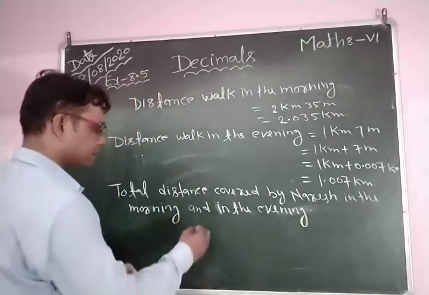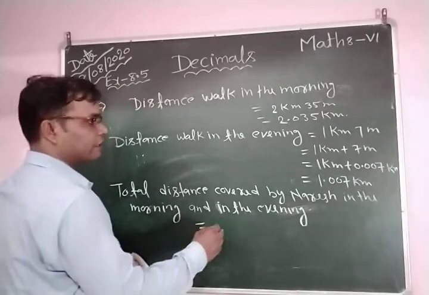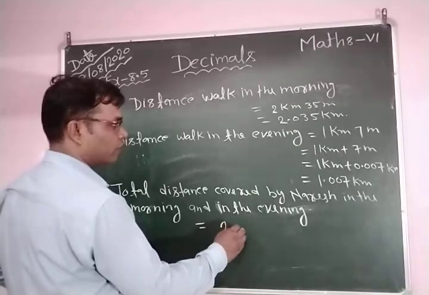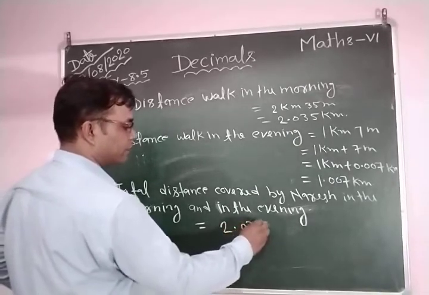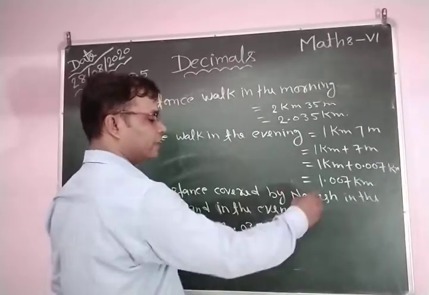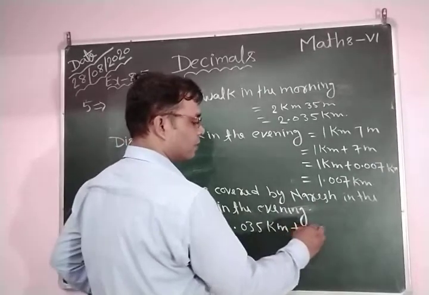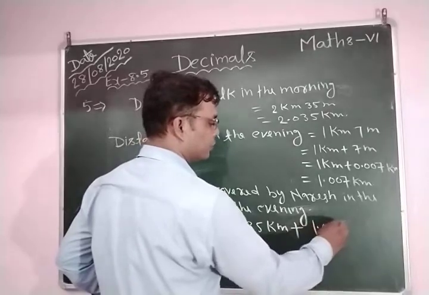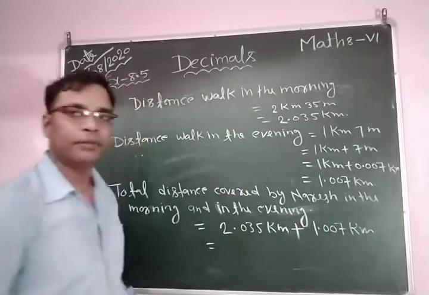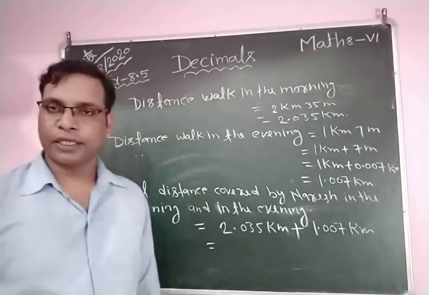So in the morning he covered 2.035 kilometer, plus in the evening he covered 1.007 kilometers. Now add them, then you find the result.